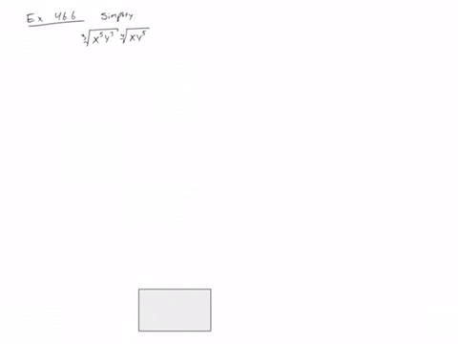Alright. Let's do a little bit different kind of problem, but the same basic idea. This is going to be x to the 5th, y cubed, to the 1/3 power, because that's a cube root, multiplied by xy to the 5th to the 1/4 power, because it's a 4th root.